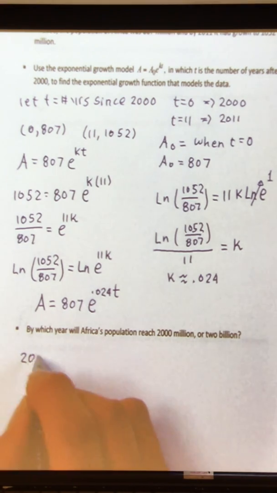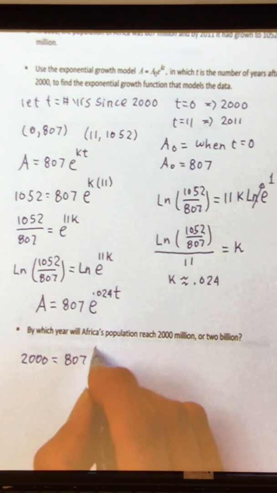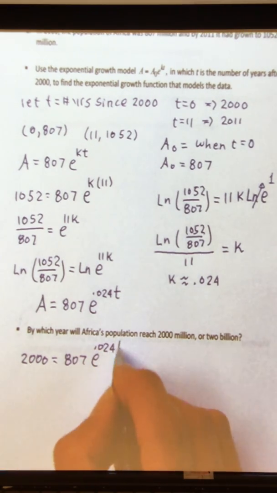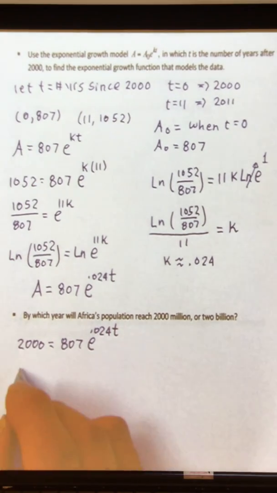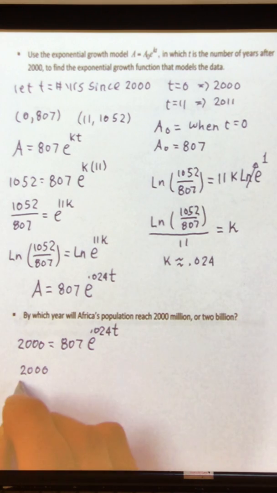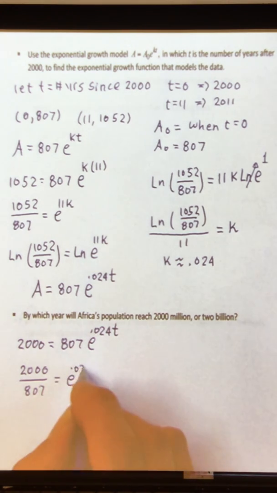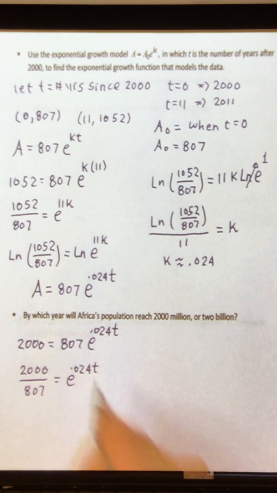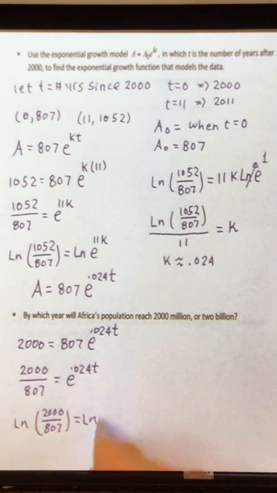So 2,000 is equal to 807 e to the 0.024t, and we'll find t using natural logs just as we did up above. First, isolate the exponential and divide through. Now take the natural log of both sides, and the natural log of the right side.